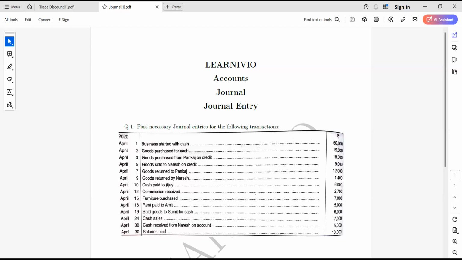Cash account debit to sales account is the journal entry. Sold goods for cash means one is goods, the second is cash.